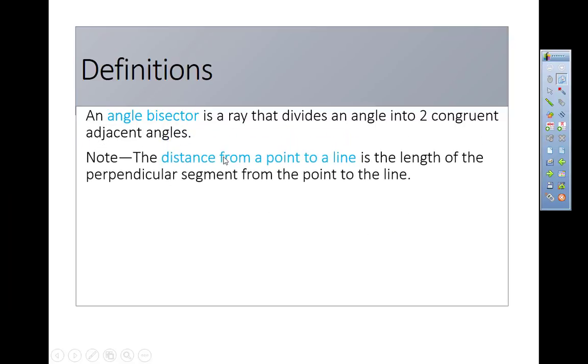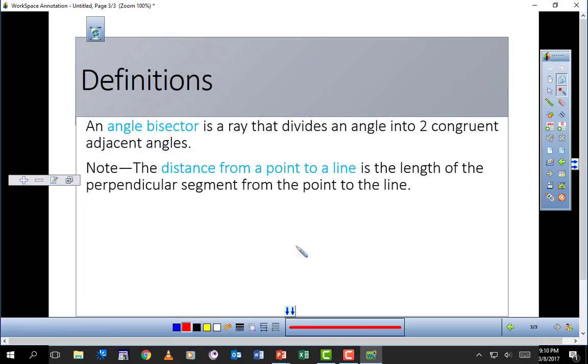Note, the distance from a point to a line is the length of the perpendicular segment from the point to a line. Okay, so that's kind of an obvious thing. I mean, if you have a line here, think of this as a road, and maybe there's this tree over here, or this pole or something, represent this by a dot.